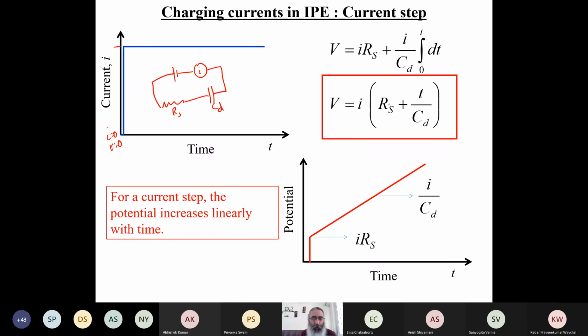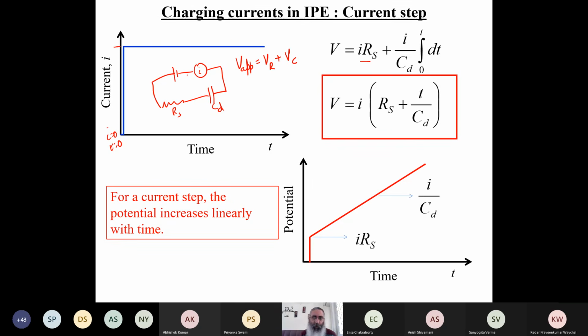Now you can write down Kirchhoff's law: the total voltage applied is broken down into VR plus VC. There is no change in that, except that VR is given by I into RS, but VC, the potential across the capacitor, because you are applying a constant current, is now going to be I by CD into the integral of dt from 0 to t.